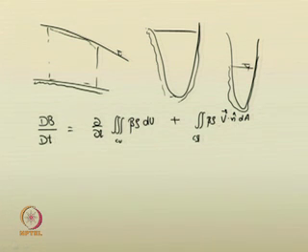It suggests the component of velocity perpendicular to any of the surfaces of the control volume, that is, how much flux is coming out across that surface.